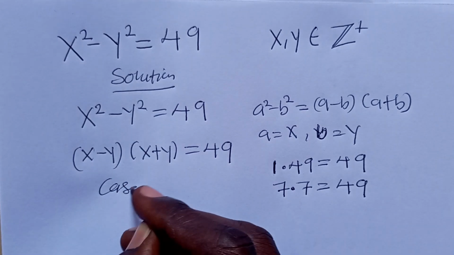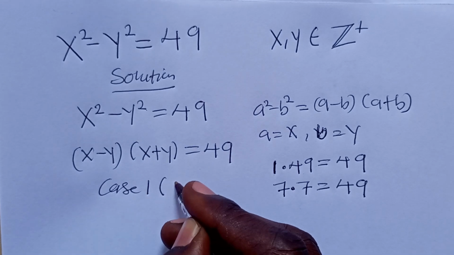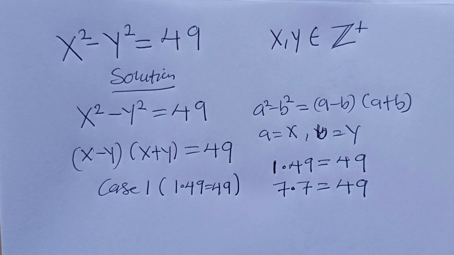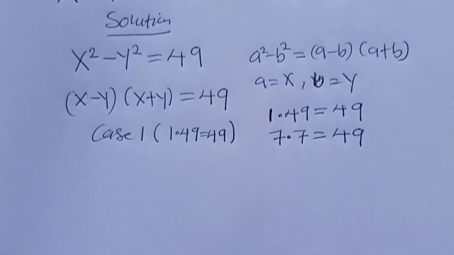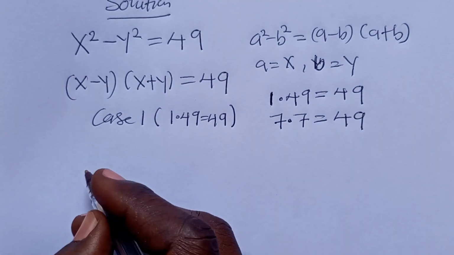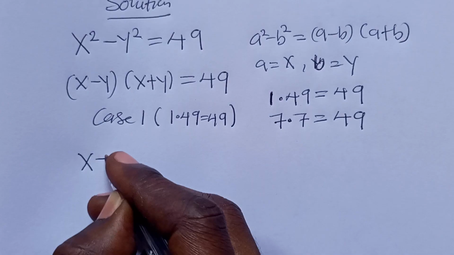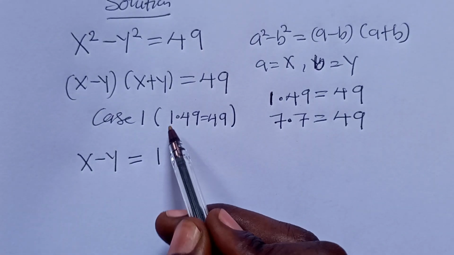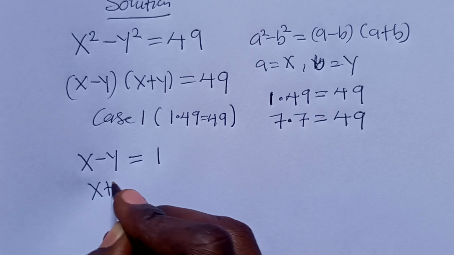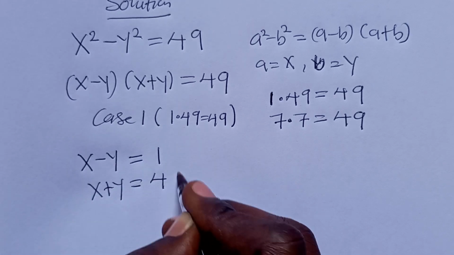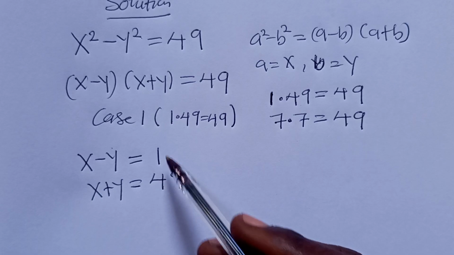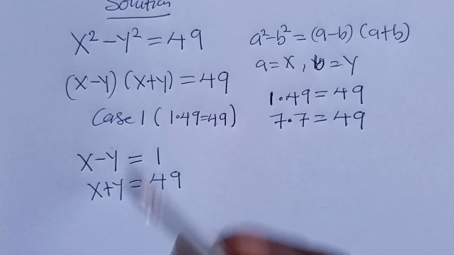So for case 1, that is 1 times 49, which is equal to 49. This is the case we are going to start with. So now x minus y has to be 1 in this first case, and x plus y has to be 49, such that if we multiply them, it is equal to 49.